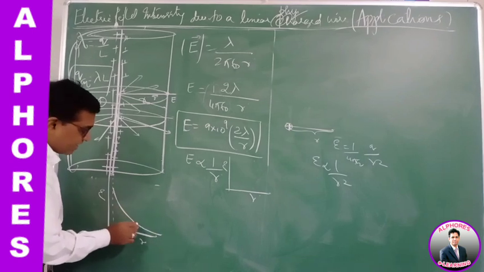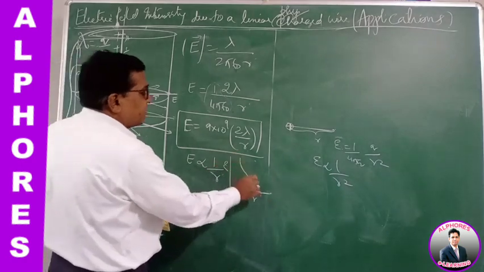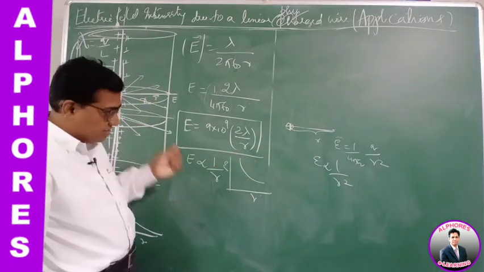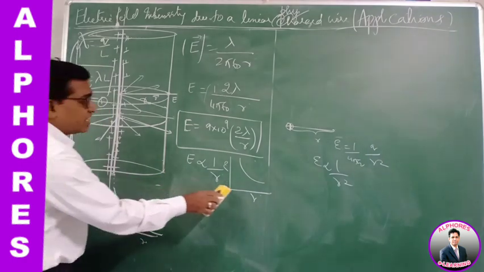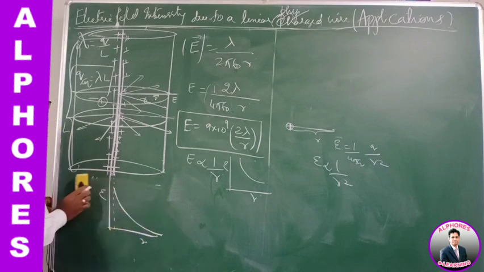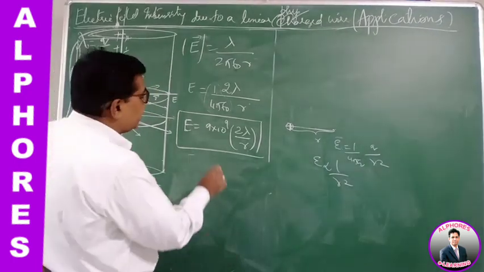It is a rectangular hyperbola. The variation is a rectangular hyperbola. It varies inversely with the distance, but does not touch the axis. I am taking from the surface for a small distance out. It is varying inversely, so the electric field varies inversely with the distance.